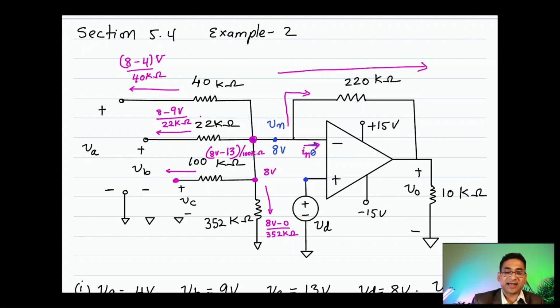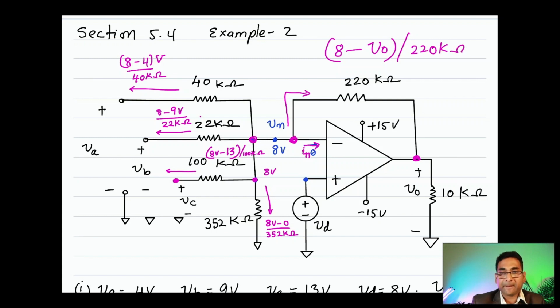Let's write the expression for this current. This is going to be Vn, which is 8 volts, that's the voltage here, minus the voltage over here, Vo, divided by 220 kilo ohms.